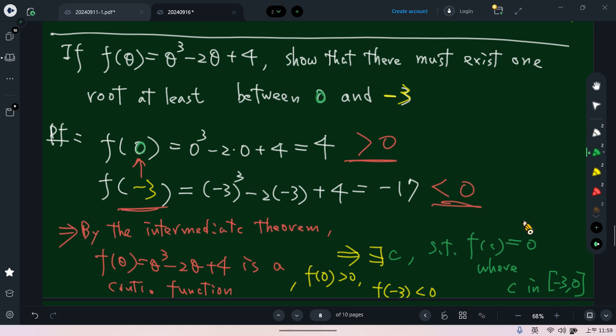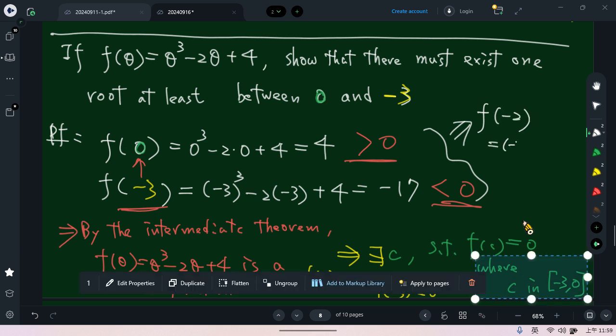So you can continue to do that, repeat it again and again. Right now you already know 0 and -3, so if you already have this range, you can try f of -2. So what is the number? -2 cubed, minus 2 times -2 plus 4.